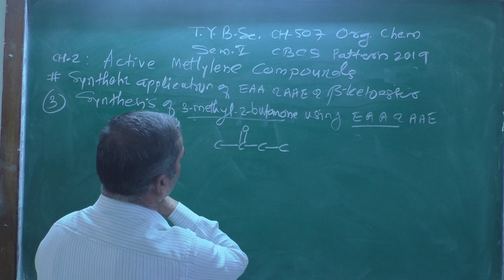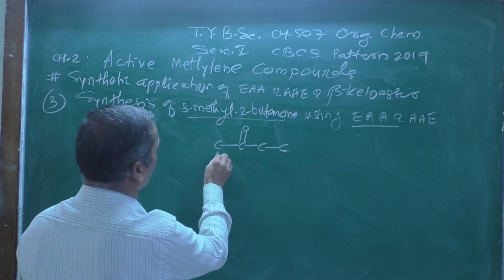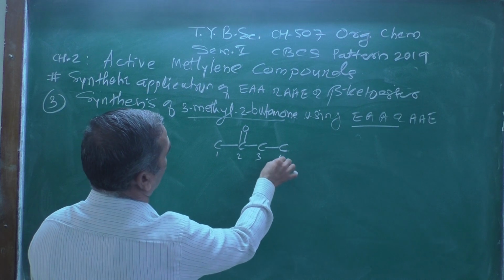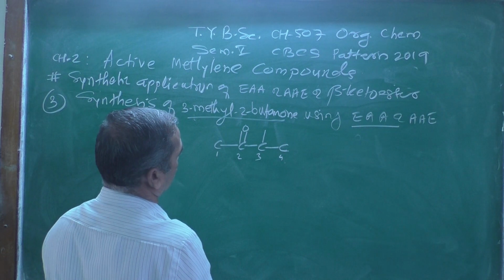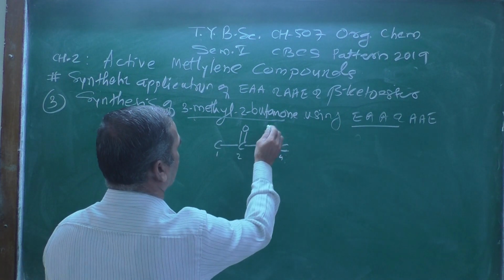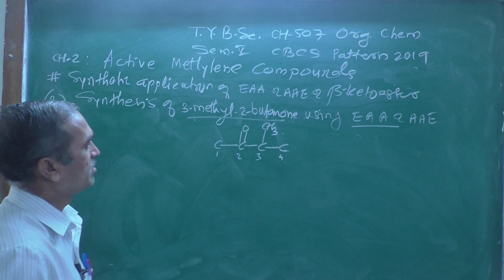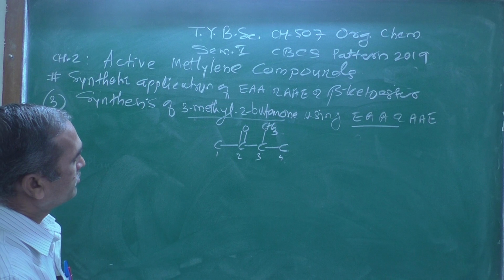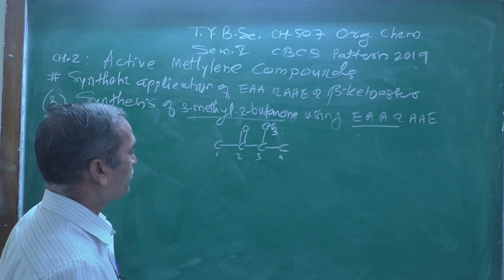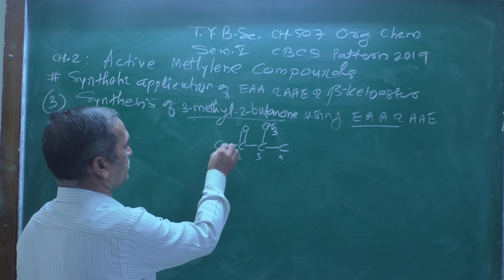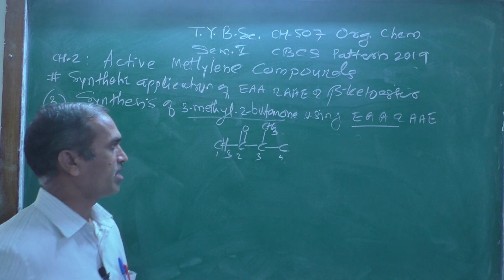At the 3 position, if you remember, 1, 2, 3, 4, there will be a methyl group, so I am putting that one. For the remaining part we attach the appropriate number of hydrogen atoms. Here only one bond is there, so you can attach 3 hydrogen atoms.